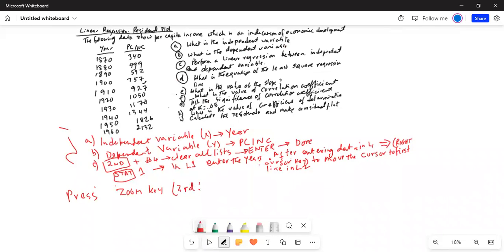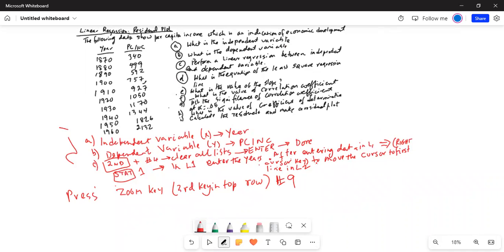Third key in the top row. Zoom and then select number 9. And then press second y equal to. Now, before you do that, you have to do second y equal to.